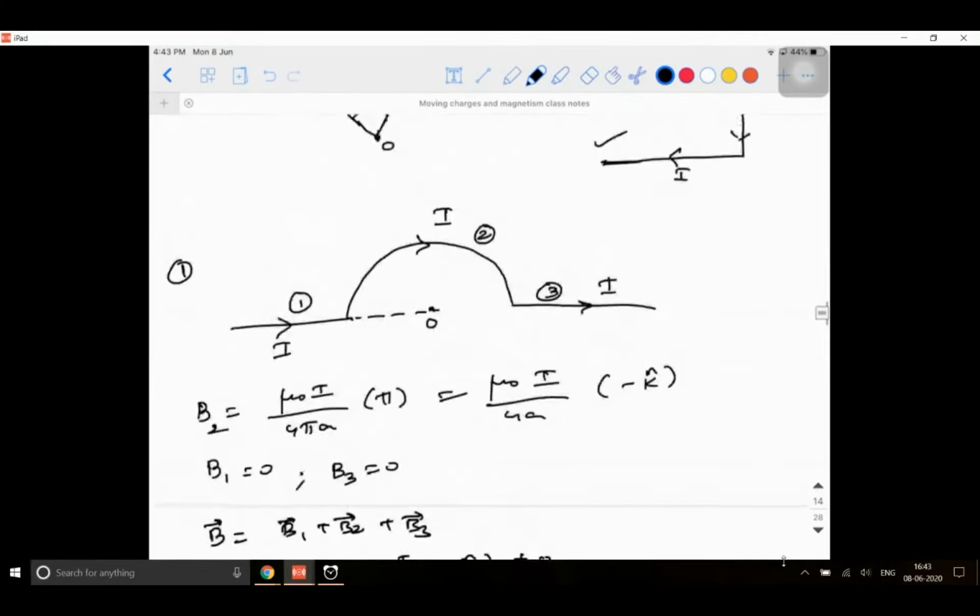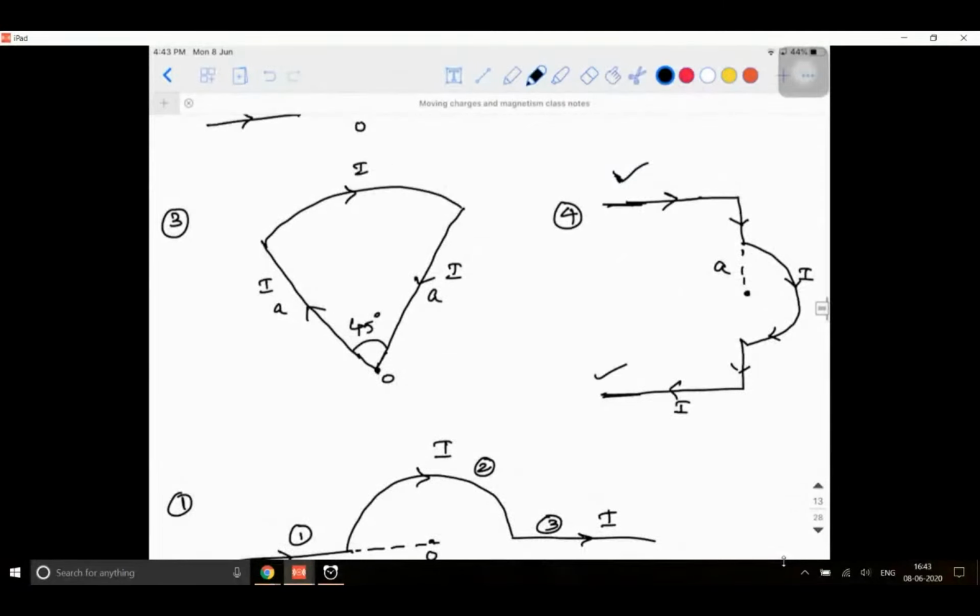So third is very, very easy: mu naught I by 16a. That's right. So this is 1, 2 and 3. Magnetic field due to the first conductor is again 0. Magnetic field due to the second conductor is going to be mu naught I divided by 4 pi, it is a part of the circle, into angle 45 degrees, so pi by 4.